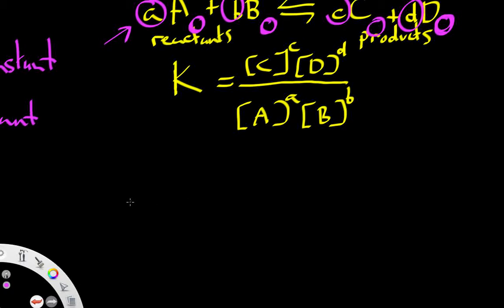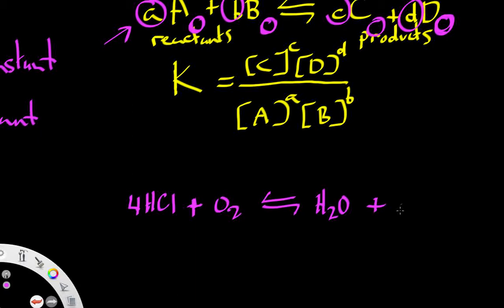So for example, if I have, let's just say, hydrochloric acid, and I suppose I can add oxygen, my equilibrium arrows, and then I throw some water in here, and I add that to chlorine.